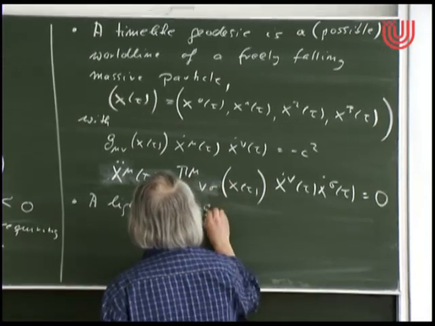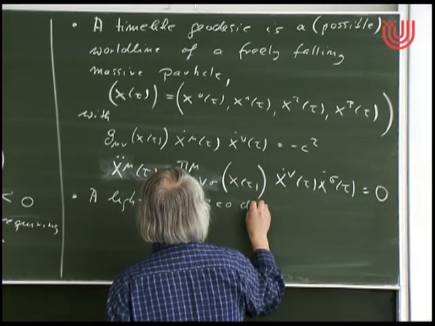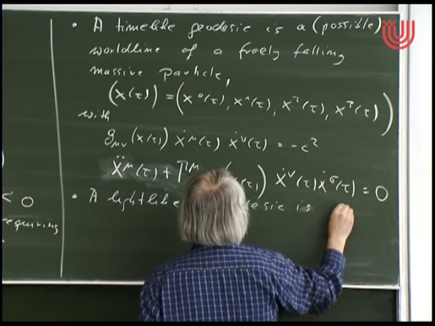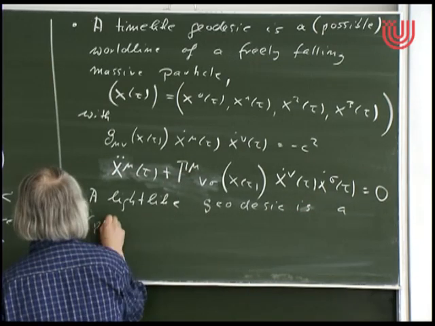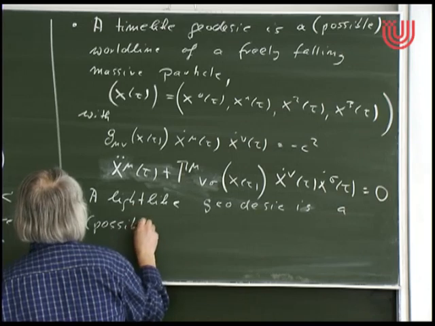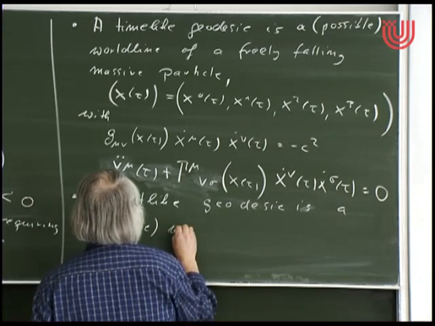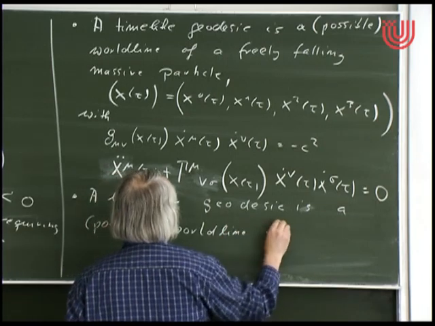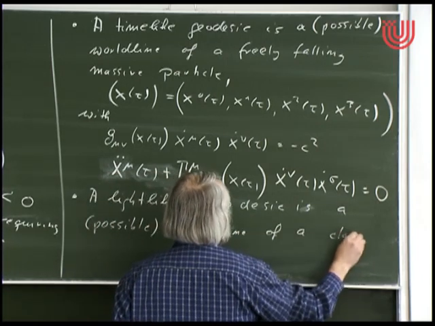So a light-like geodesic is again a possible world line of a classical photon.